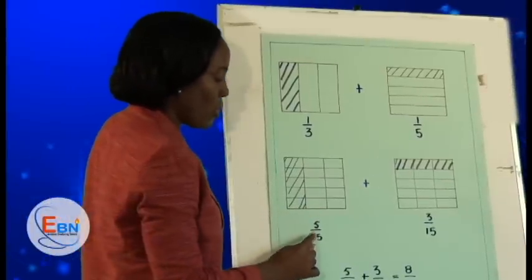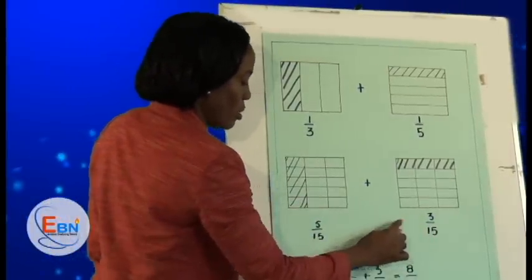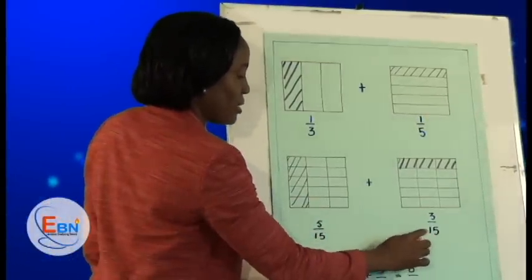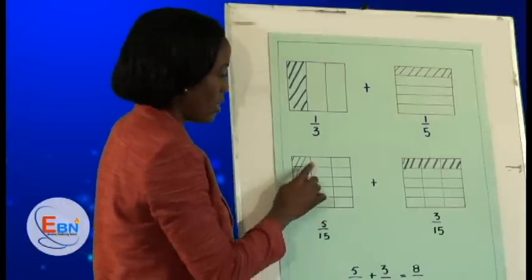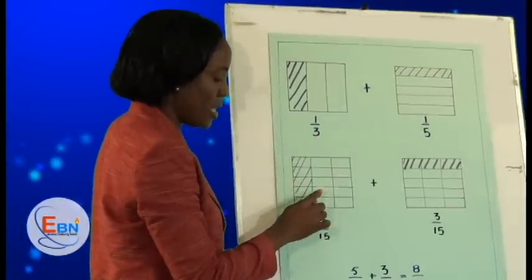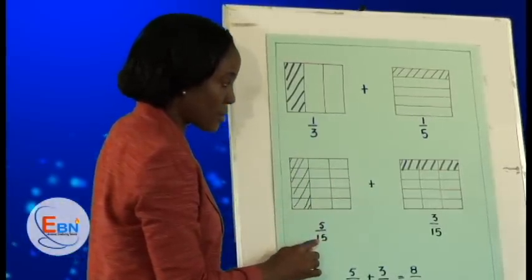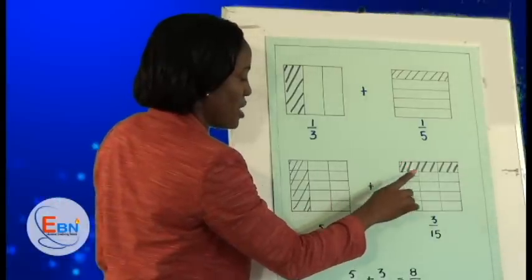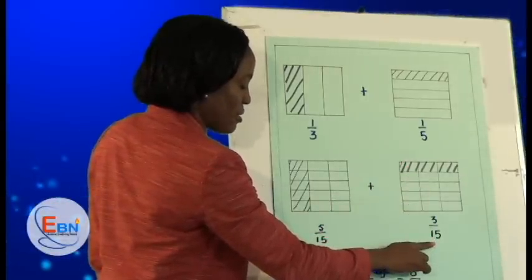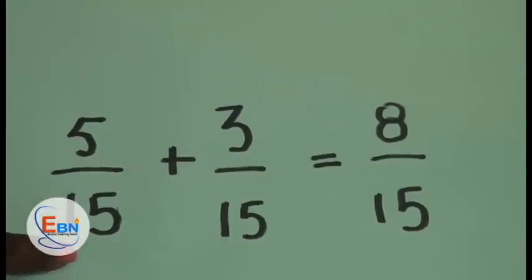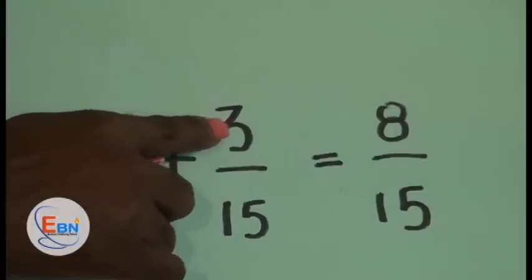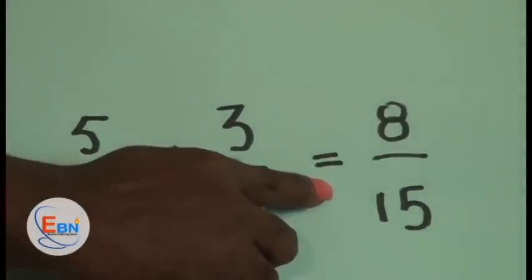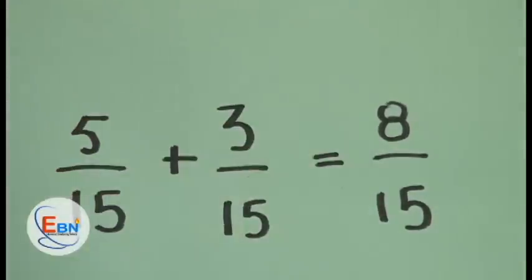Therefore, we now have 2 fractions which are of like denominators. A third renamed to 5/15 and a fifth renamed to 3/15. 5/15 plus 3/15 give 8/15.